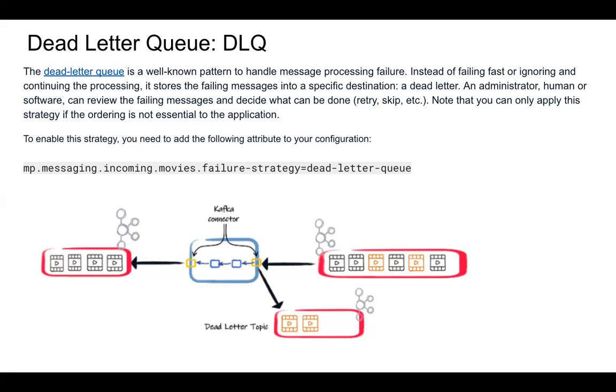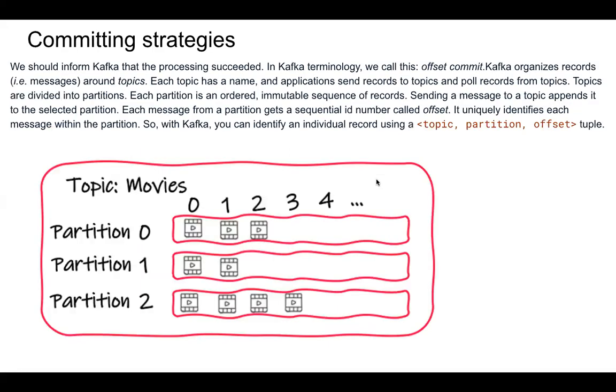Then now, how to handle success, right? So the messages did get delivered. If everything is running fine, you also need to know. So we should inform Kafka that the processing succeeded. This is the terminology which we call the offset commit. Basically, every partition will have its own offset.